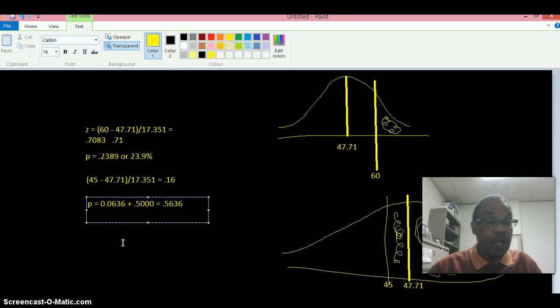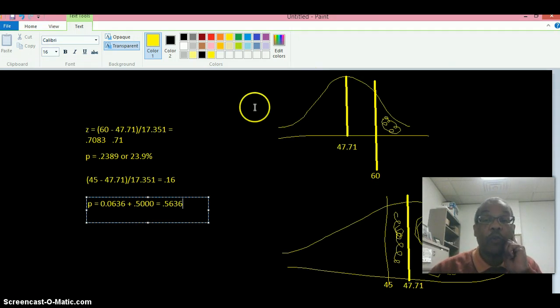So then, let me conclude by making a couple of points, and you could run the others yourself and see what answers you get. Just a couple concluding points with respect to finding the probabilities, and you could do this for education as well. There is no algorithm for determining that if something is greater than, then you look in one column, or if it's less than, you look in the other column.